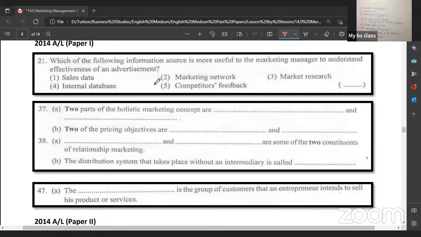Sales data, marketing network, market research, internal database, competitors' feedback. Guys, what do you think the answer is?